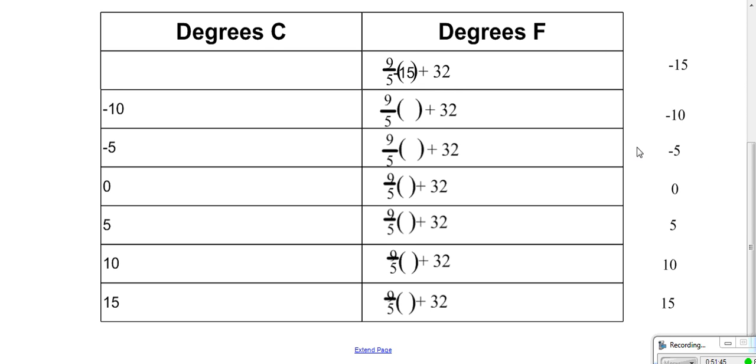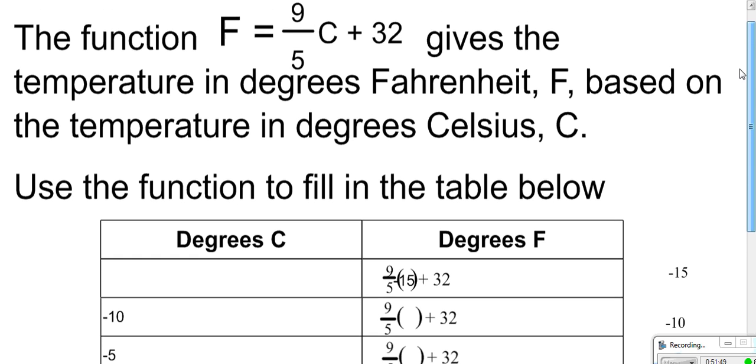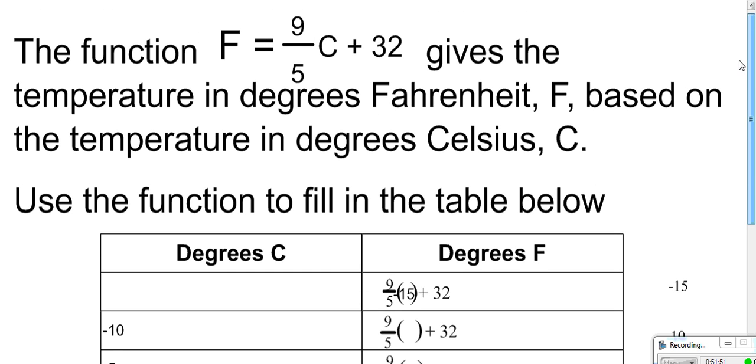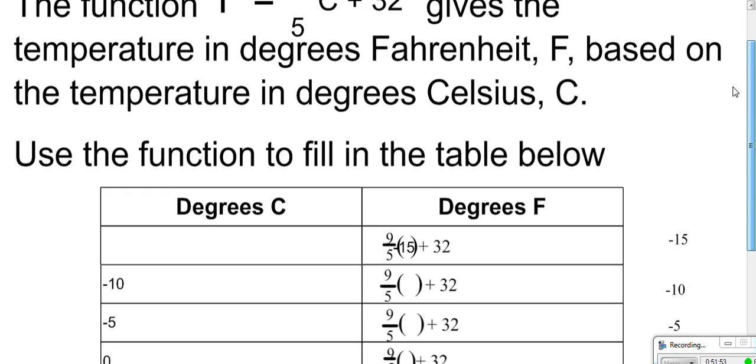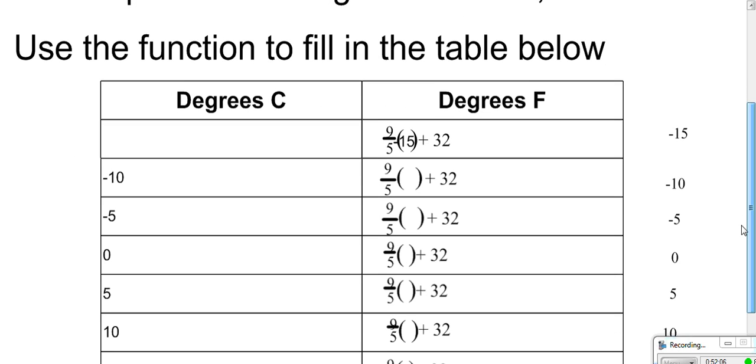Now, instead of the 15 being degrees Celsius, the 15 goes directly in. You're substituting in for the C. So it's 9 over 5 times negative 15 plus 32. And that's really what you do for this one.